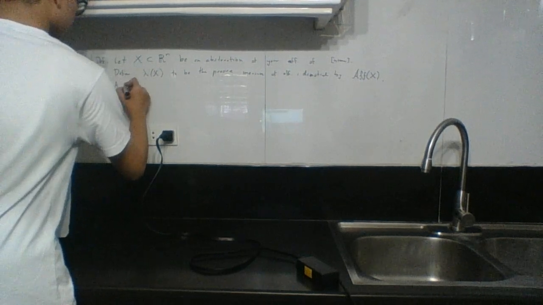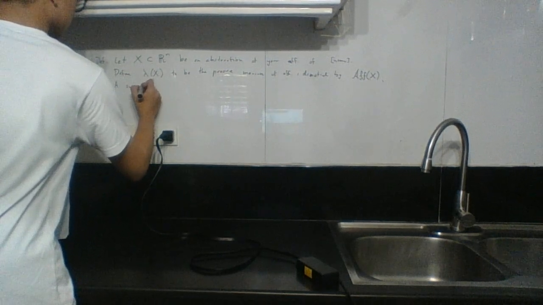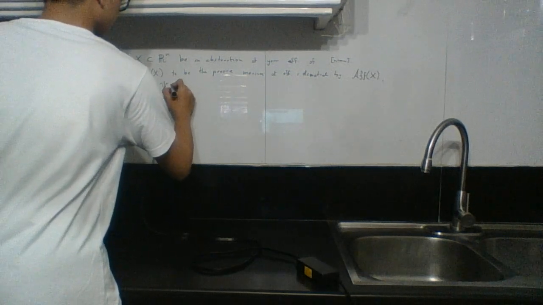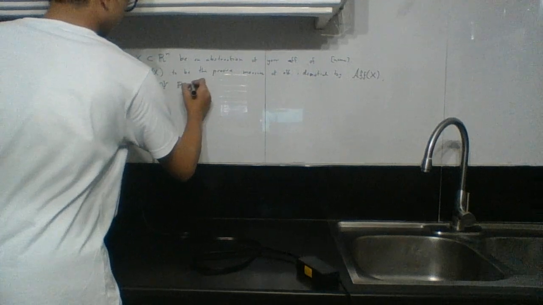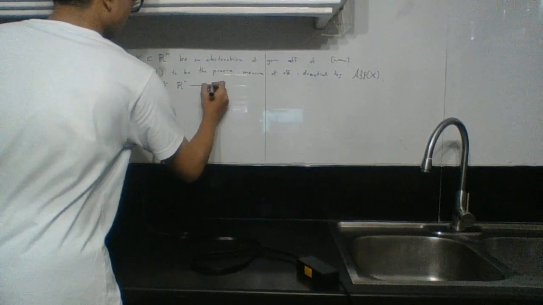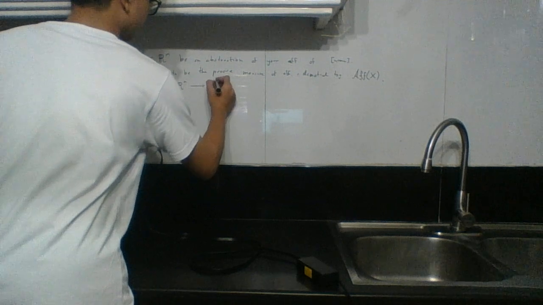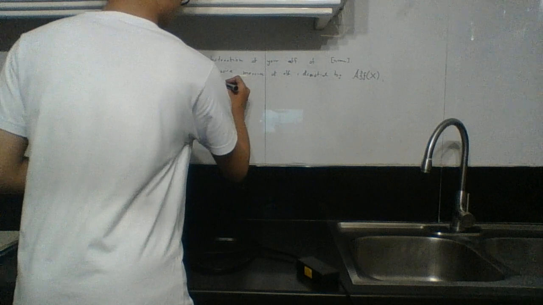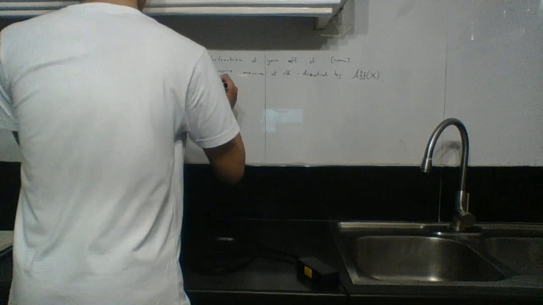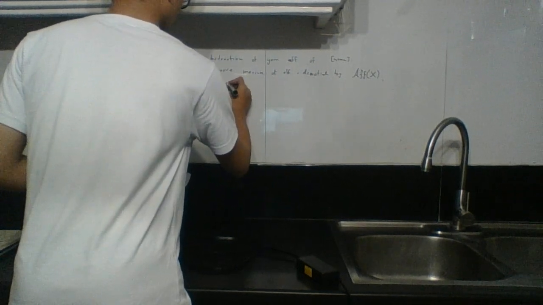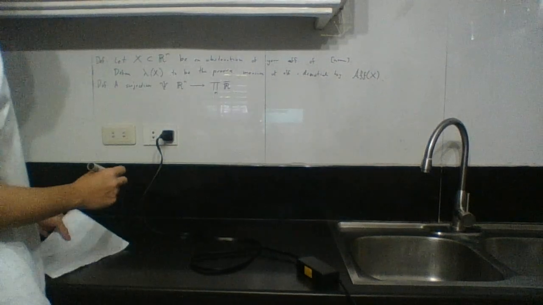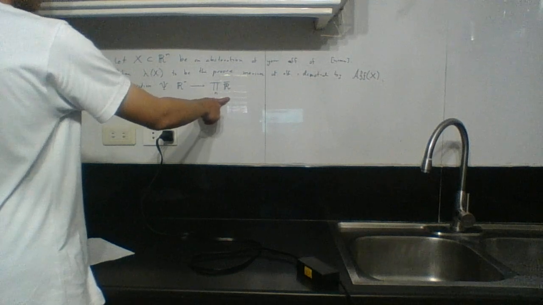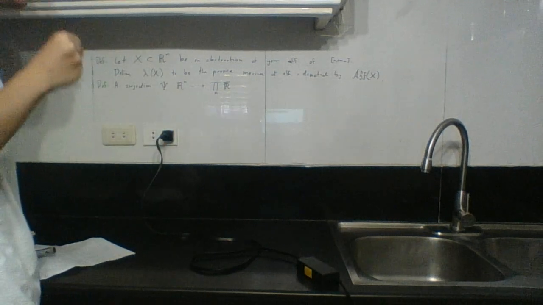A surjection or a map, which I will call big psi, that maps R^n onto the n-tuples of the affinely extended reals.